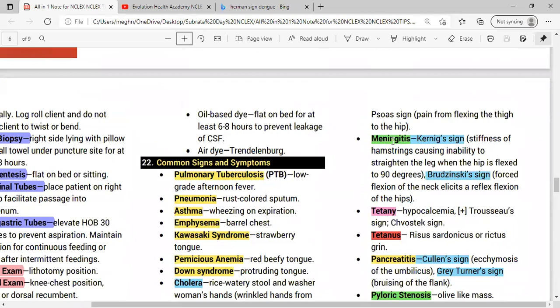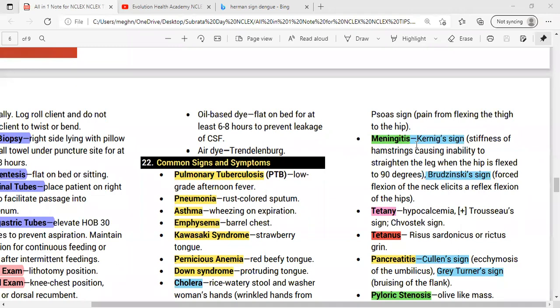Next, meningitis means inflammation of the meninges that cover our brain. If the patient has meningitis, Kernig's sign and Brudzinski's sign should be positive.